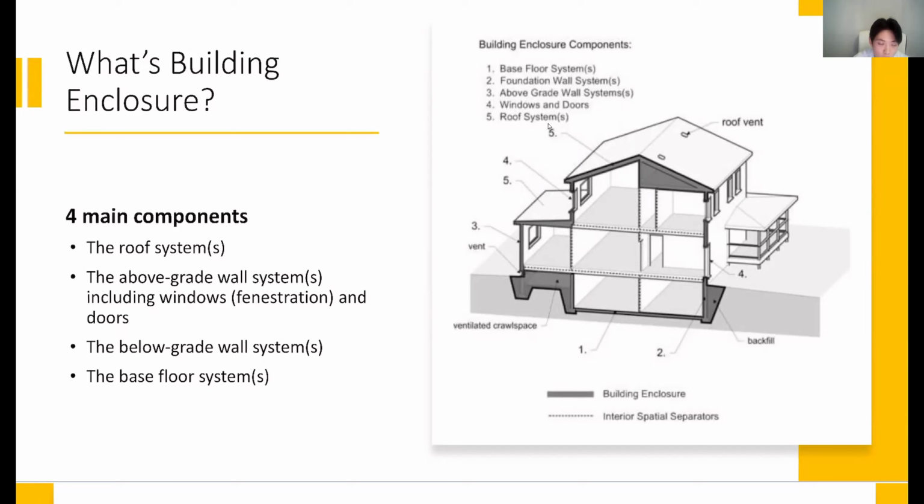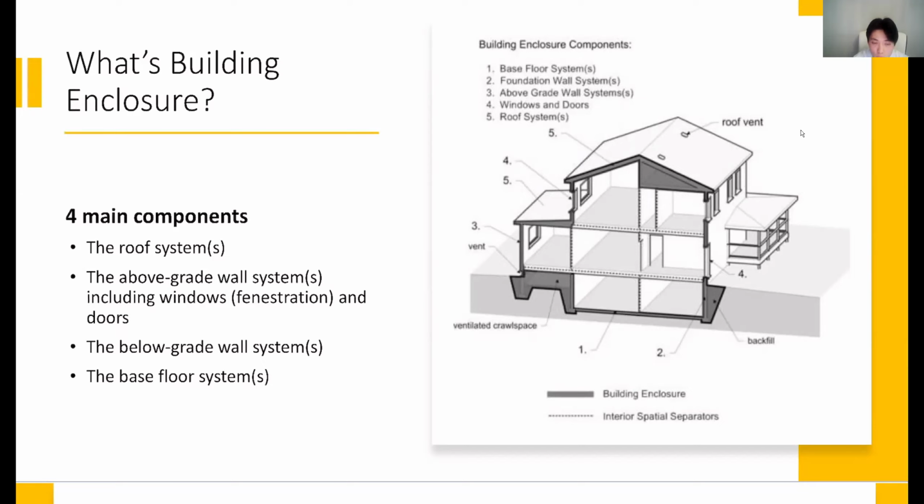And maybe a lot of you are wondering why we have above grade wall systems and below grade wall systems separated as 2 different components within our umbrella of building enclosure. That is because we treat those wall systems quite differently, because they are dealing with different environmental conditions.